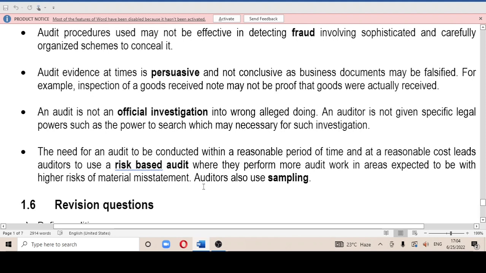They're saying here that auditors also use sampling. So you may find that they're doing a certain sampling in a way that a certain portion is catered for more than the other portion. So that is to do with the risk-based audit. So that is it with limitations, and that is the end of topic 1.